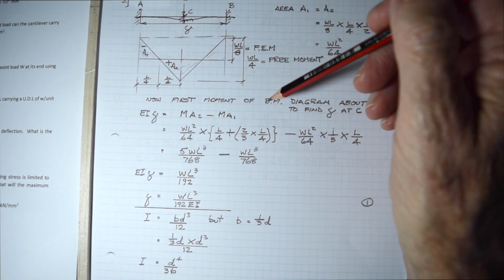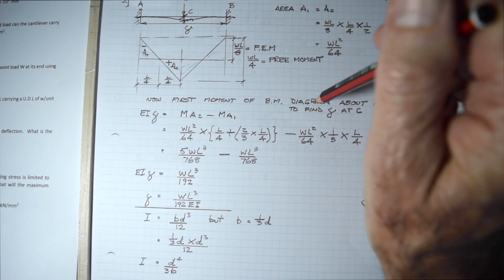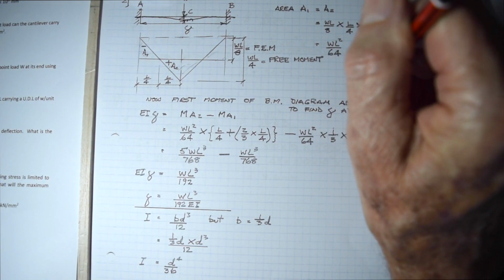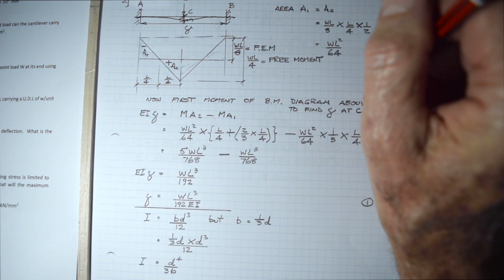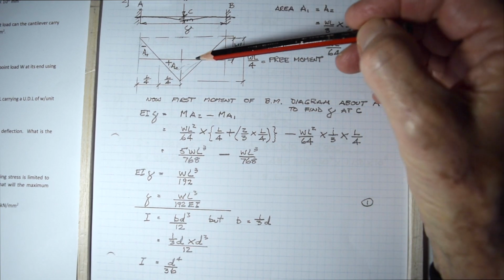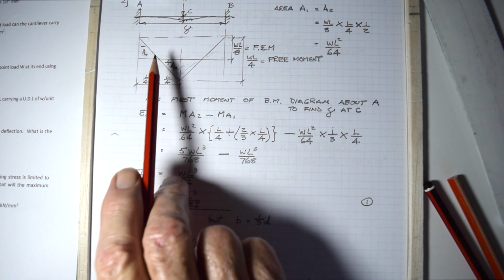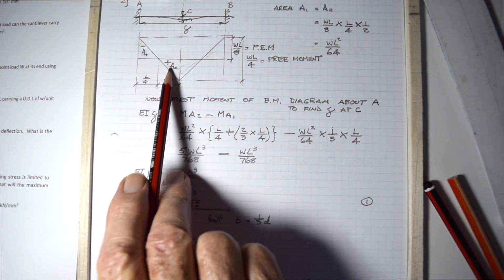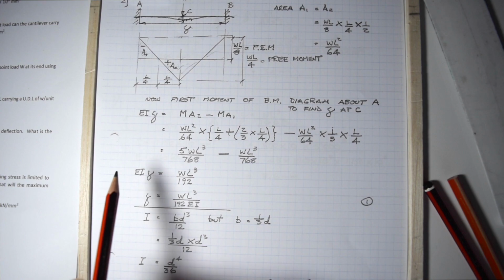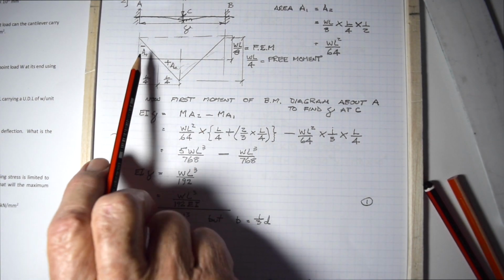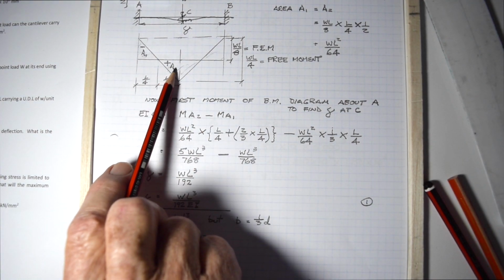Now the first moment of area of the bending moment diagram about A, to find delta at C, the deflection at C, what we have to do is subtract these bending moment areas from each other. So we have to subtract the negative from the positive moment.